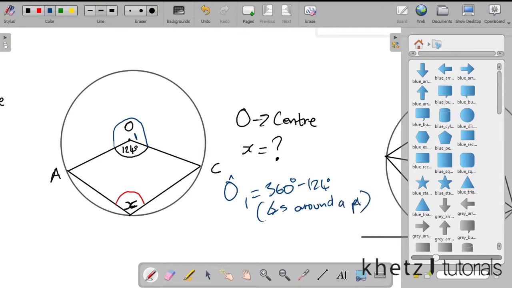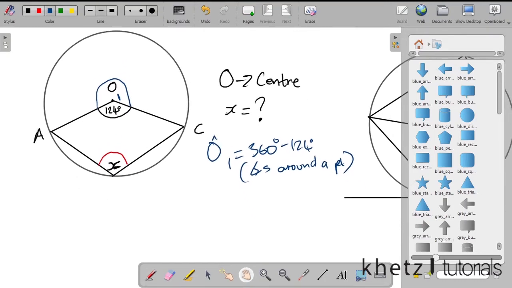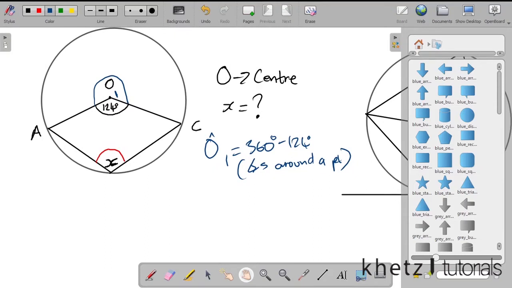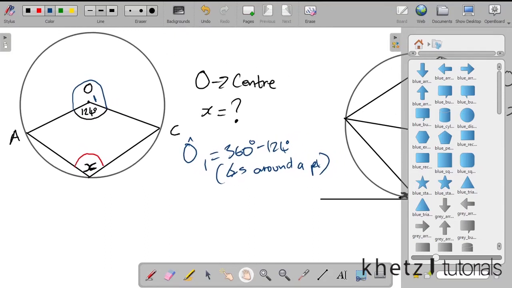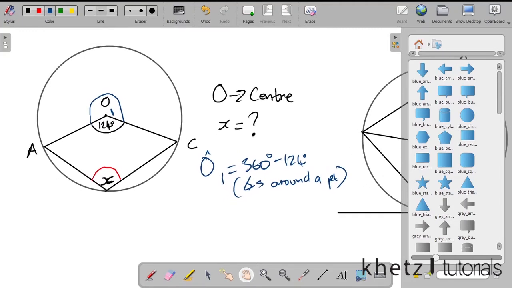So angles around a point add up to 360 degrees. If you remember from my previous video where I talked about circle geometry and straight lines, or from class, or from wherever, that would be cool. So then our O1 would be equal to 360 minus 124, which gives a value of 236, right?